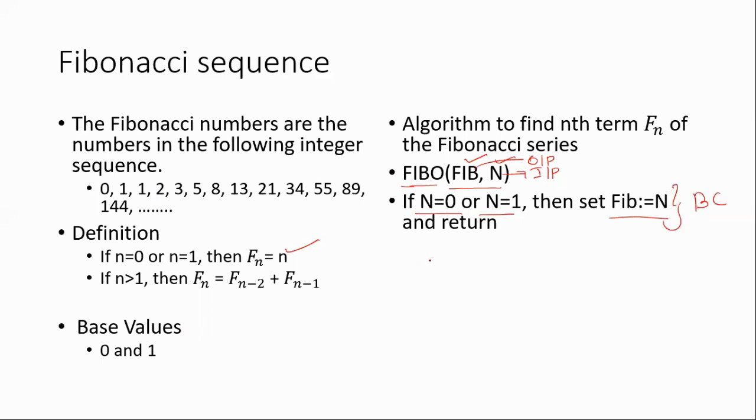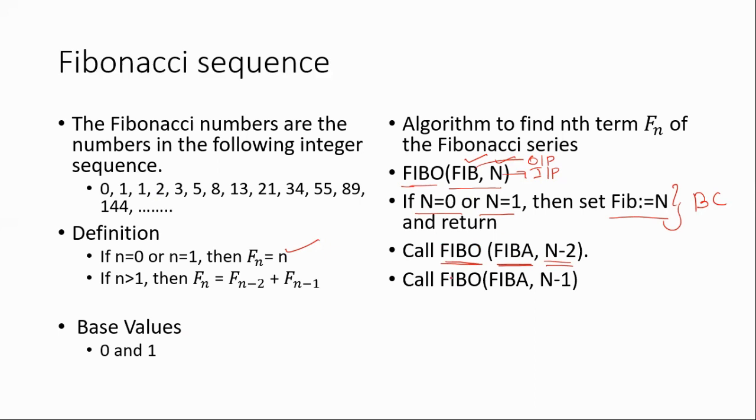What if the number is greater than 1? When the number is greater than 1, recursively we will call the Fibo function by passing n minus 2 first, and the output is fibA.